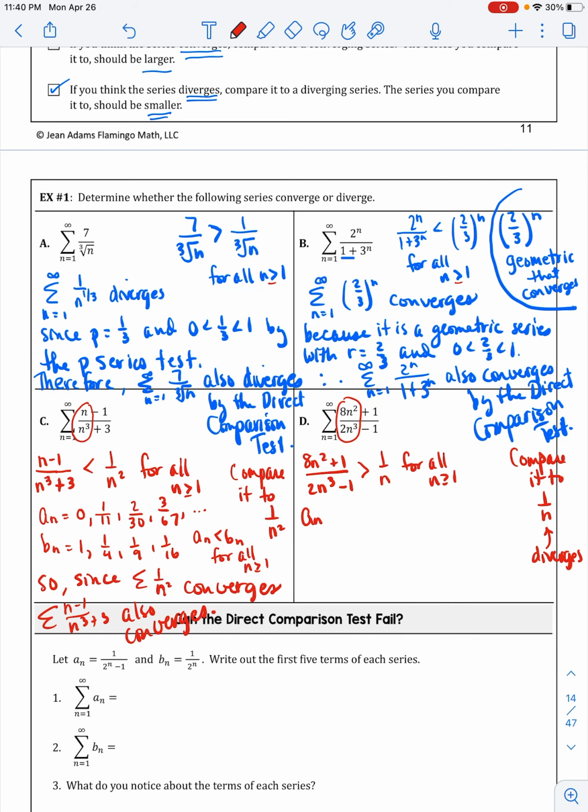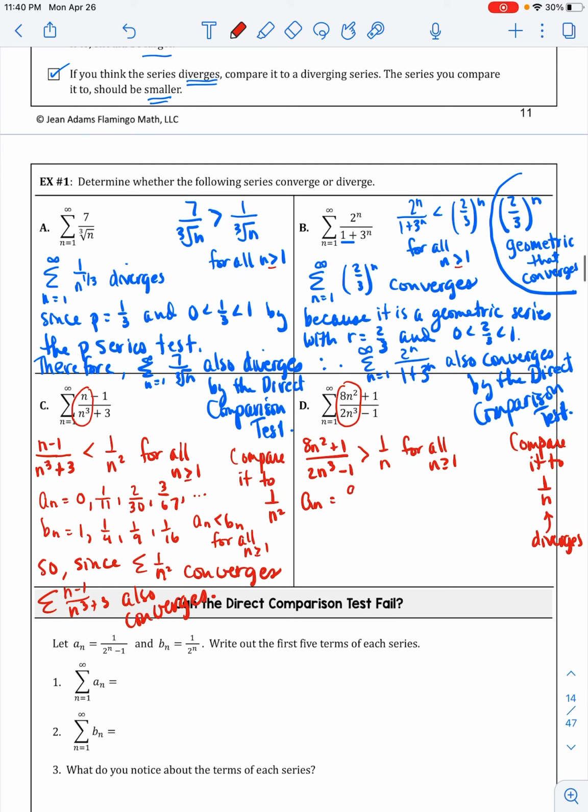We know that this is the harmonic series that diverges, and it has to be less than the one you're comparing it to. So let's just make sure. Our a sub n, if I put a 1 in, I'm going to get 9 over 1. If I put a 2 in, I'm going to get 33 over 15. If I put a 3 in, I'm going to get 73 over 53, and so on. For b sub n, if I put a 1 in, I get 1. If I put a 2 in, I get 1/2. If I put a 3 in, I get 1/3.